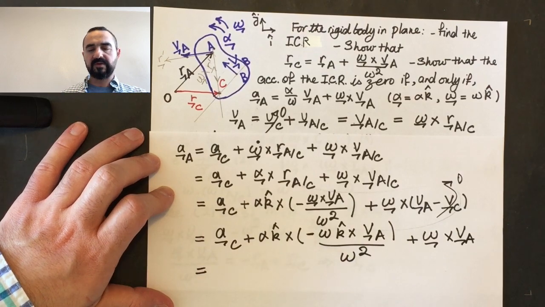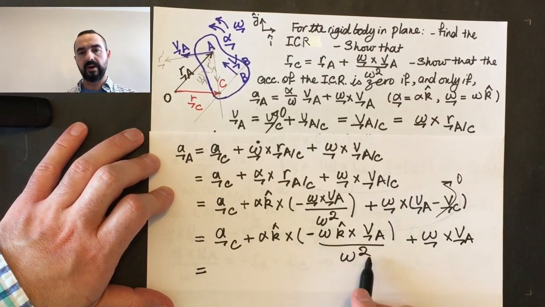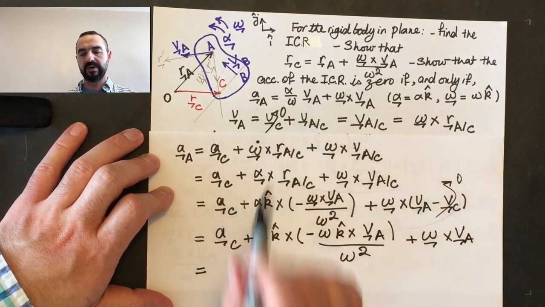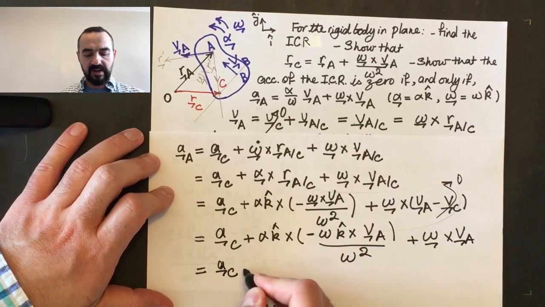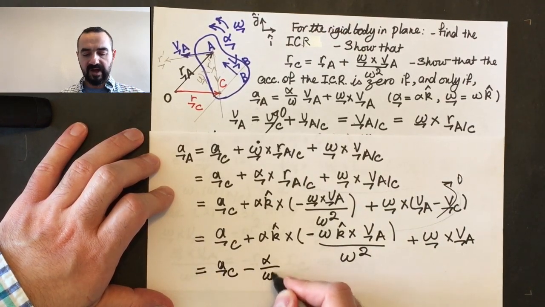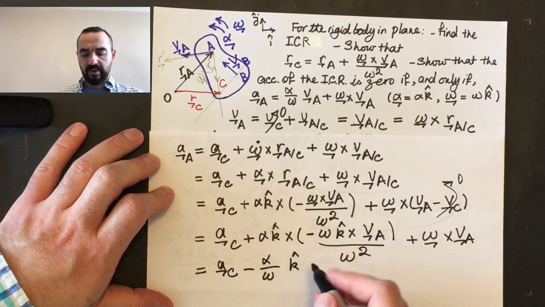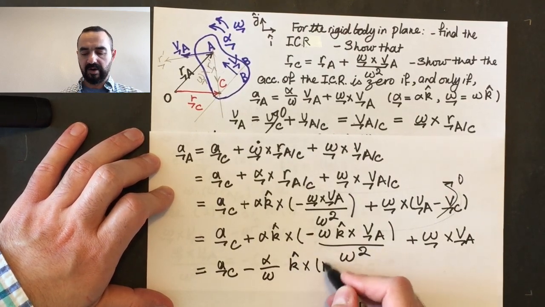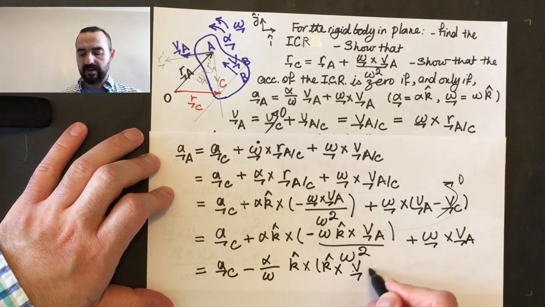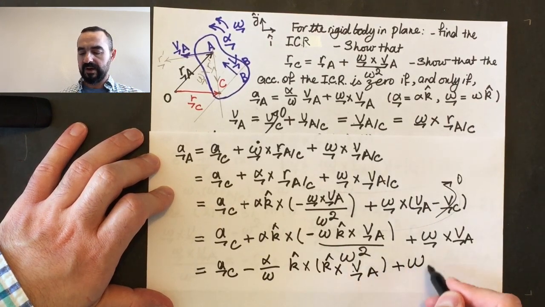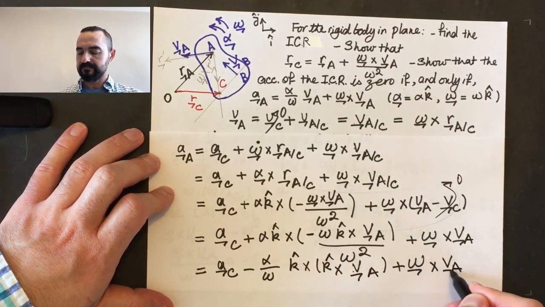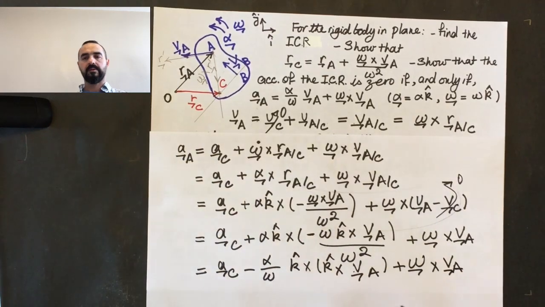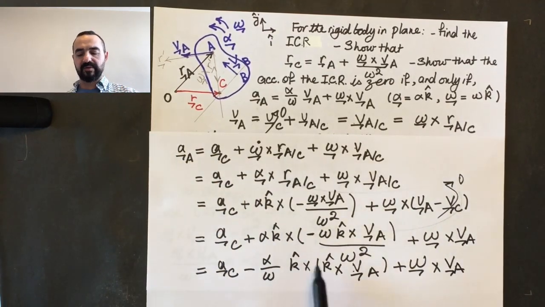This should now be pretty obvious, because omega's magnitude cancels out one of the omegas. So we're already there: A sub C minus alpha over omega. And now the question is this: k hat cross V A, what do we have? If you look at the terms in the curly bracket, you have k hat, a unit vector pointing out of the plane.